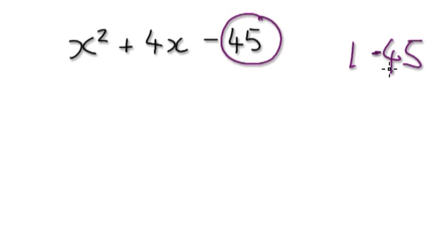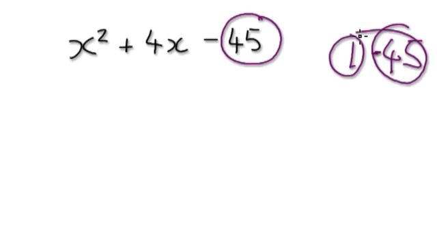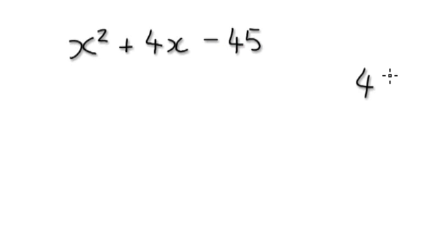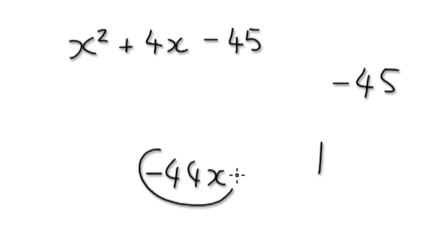One of the two will have to be negative in order to create negative 45. If you choose minus 45 and a positive 1, that later on will give you minus 44x. You don't want minus 44x.